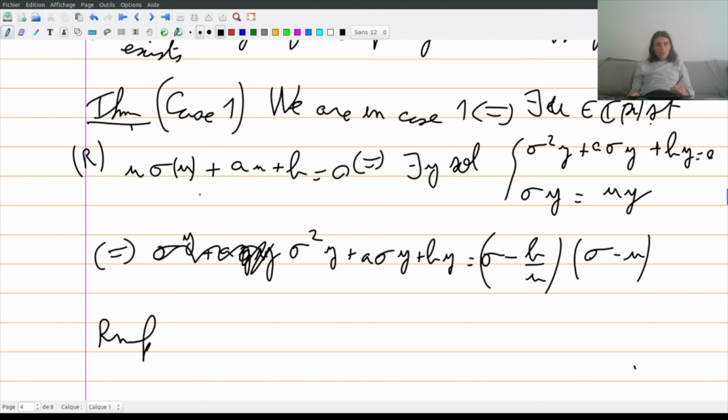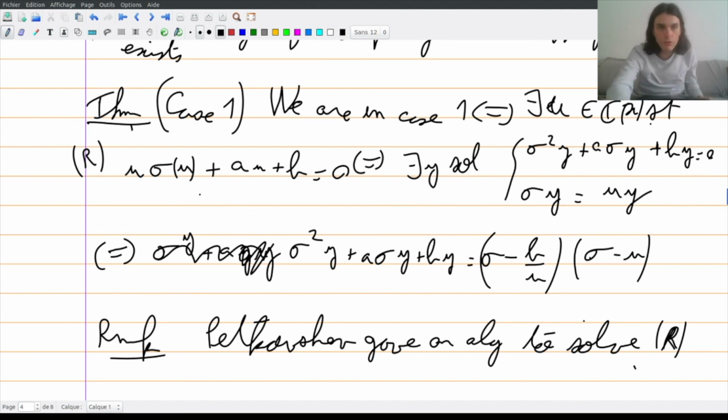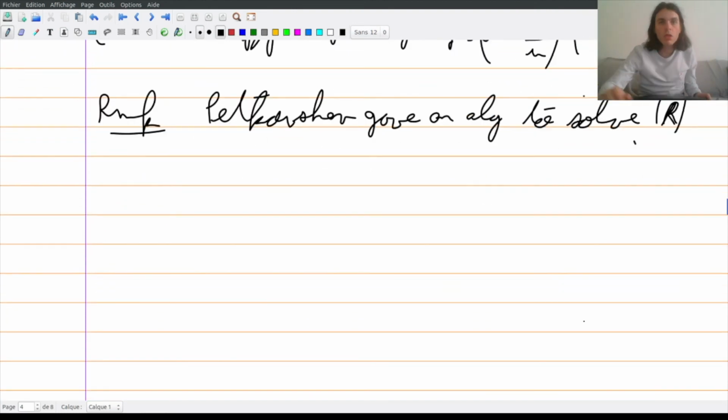And we remark that Petkovšek gave an algorithm to solve the Riccati equation. So you have a very concrete criterion on the coefficients of your equation to ensure that you are in case 1 or not.